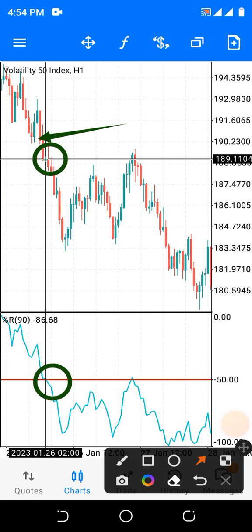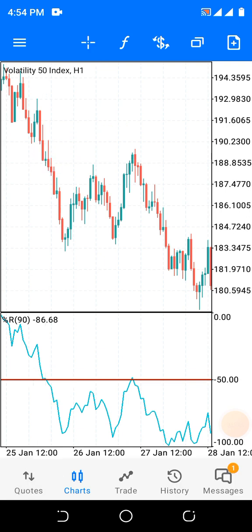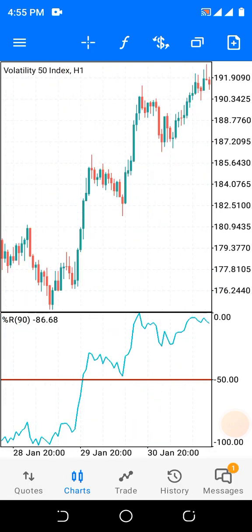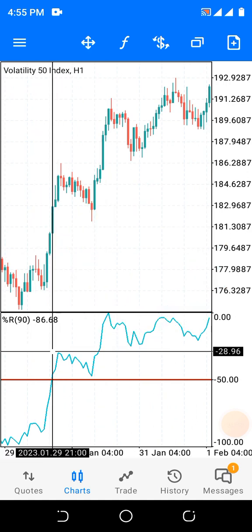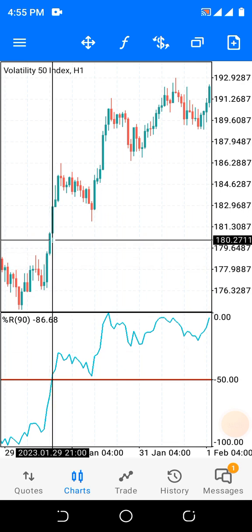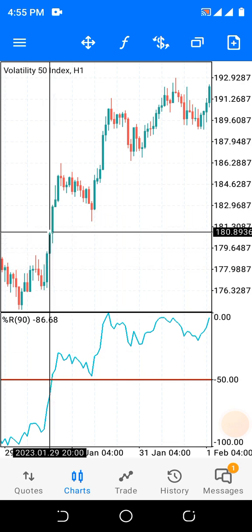All right, now when you are buying, like here now, the crossing occurs from down upward, which signifies a buy signal. So you make your buy entry from the point where the crossing occurs.